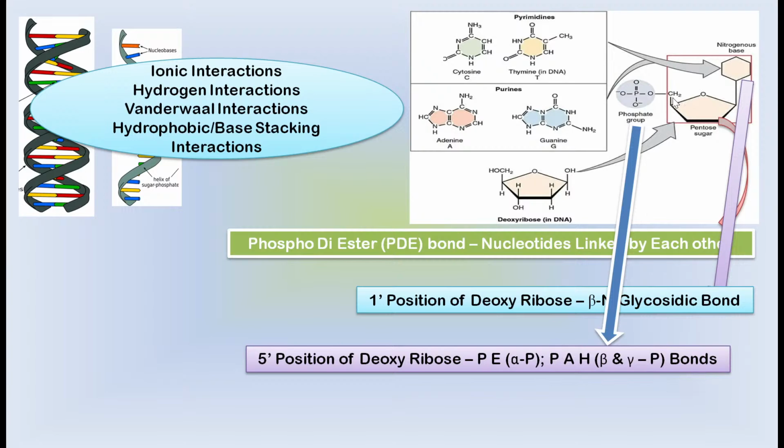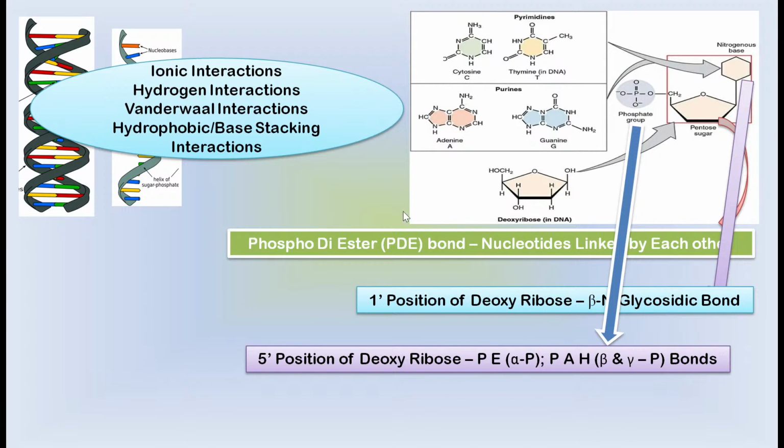In this way, the first phosphate is attached to the ribose sugar at the 5th position by a phosphoester bond, whereas the second and third phosphates are linked by phosphoanhydride bonds. In this way, there are different types of bonds in DNA.